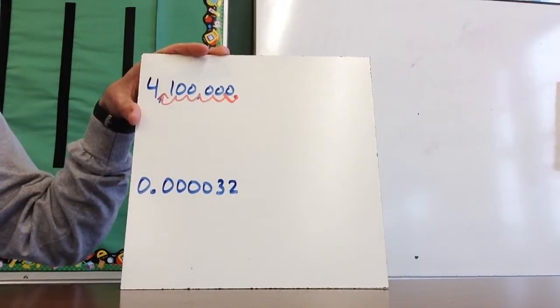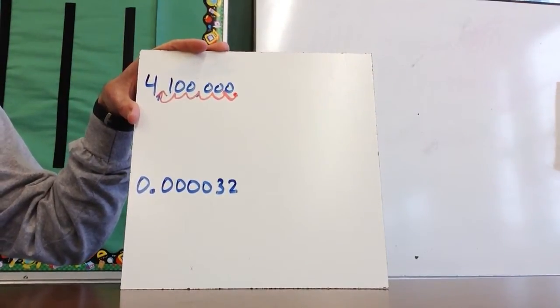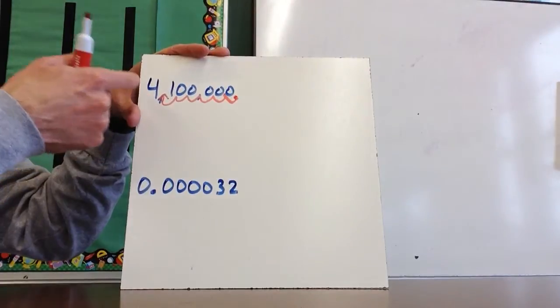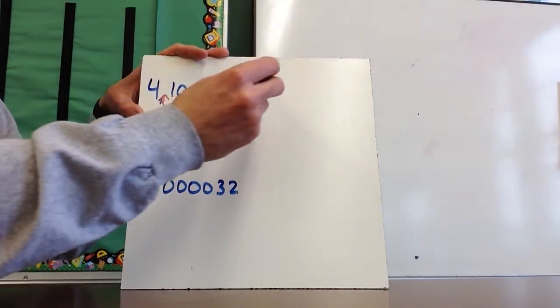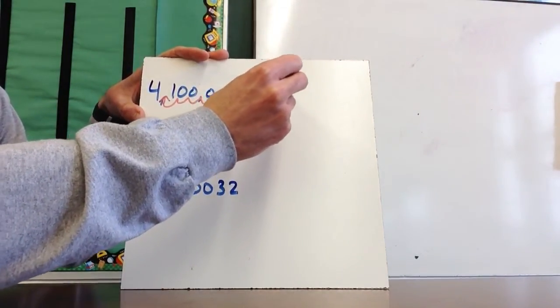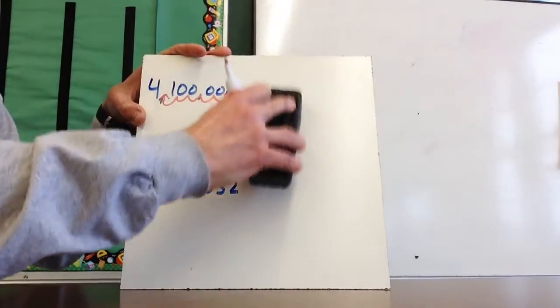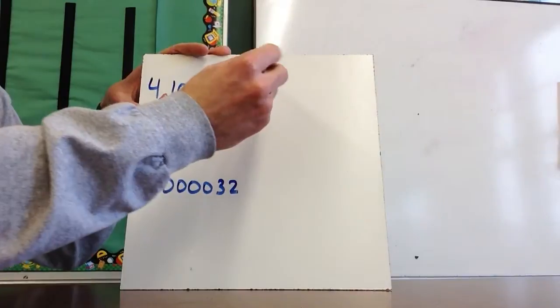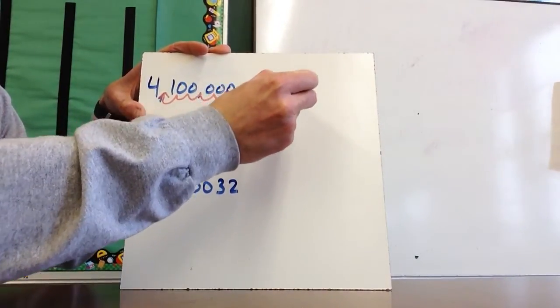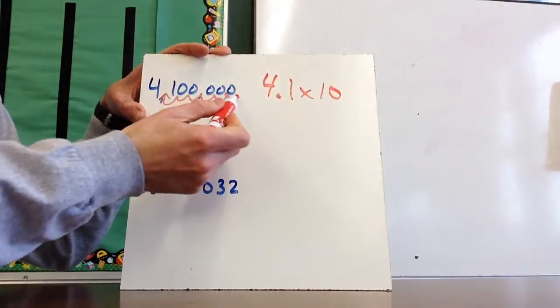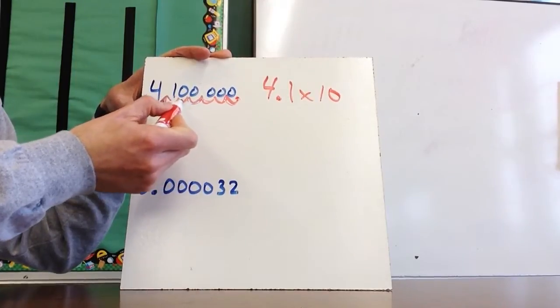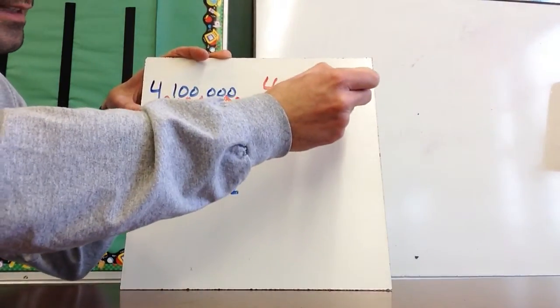Remember, there has to be a number in the ones place, but there can't be something in the tens, hundreds, thousands. So it has to be a number that's in the ones place, and then you can have as many as you need after the decimal. So this is going to be 4.1 times 10 to the, and I moved it 1, 2, 3, 4, 5, 6, 10 to the 6th.